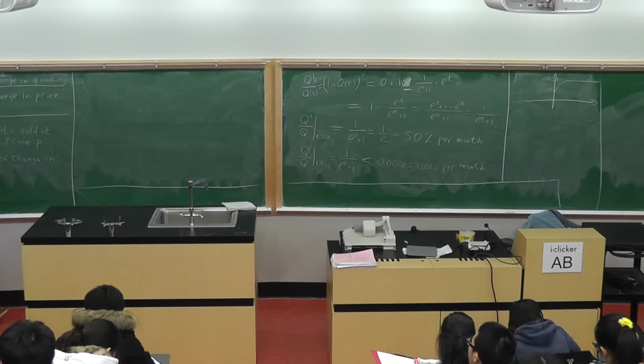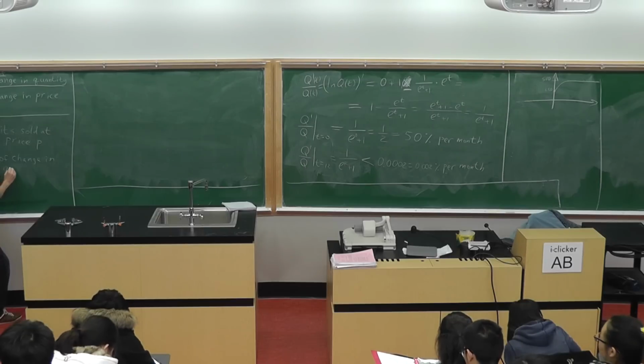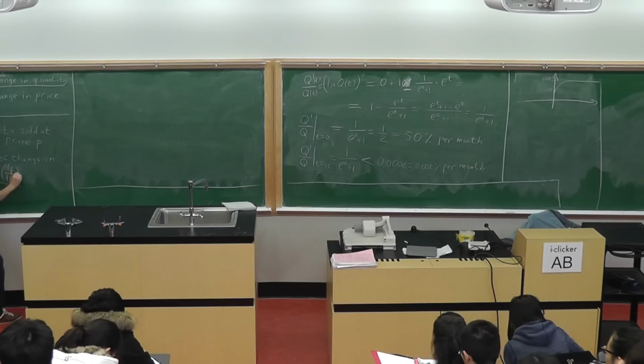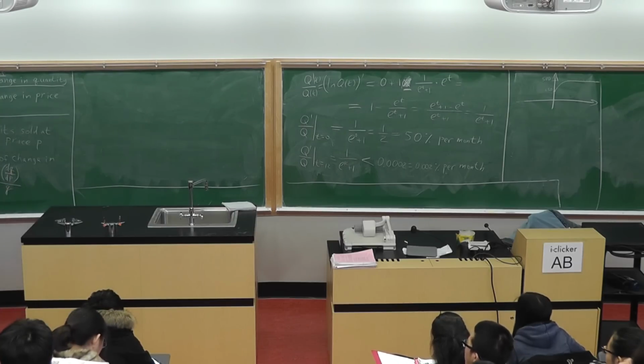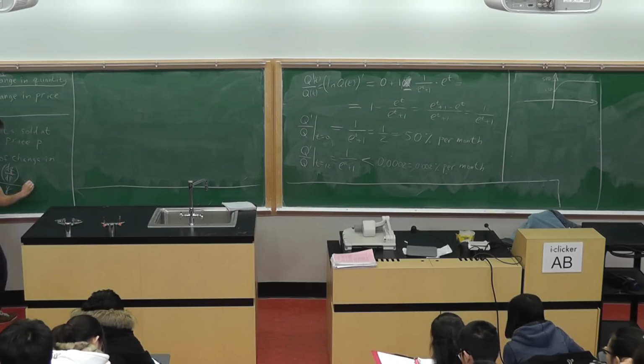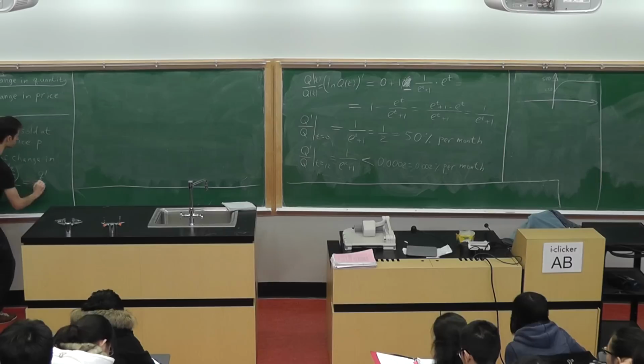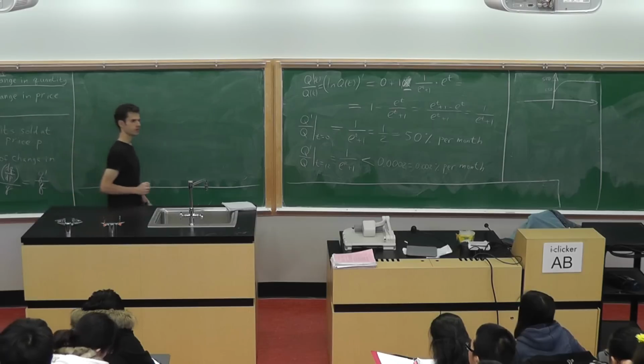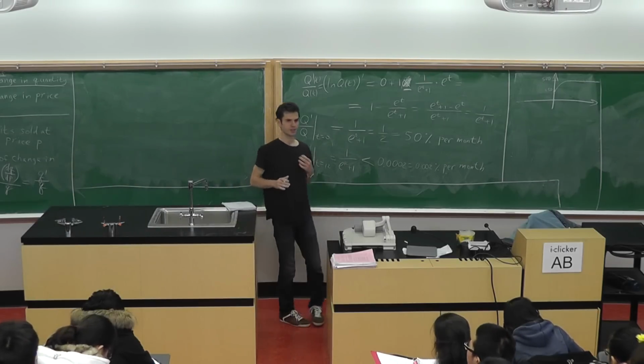We already know we should take the derivative of the quantity, dQ by dP, and divide it by the quantity itself. Another way to write it is Q prime over Q. That's exactly what we talked about.